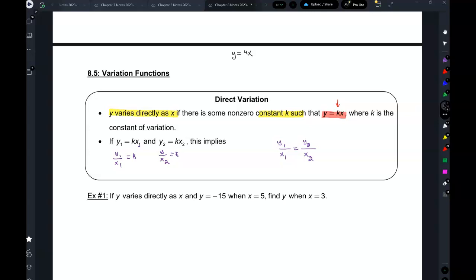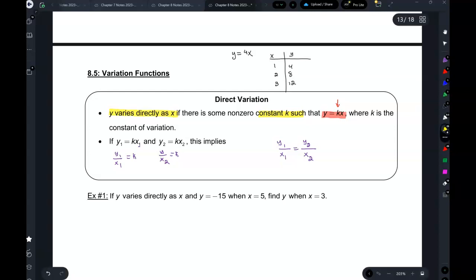Let's get some table of values for this. Let's say x is 1, what's y? x is 2. x is 3. What is it? 12. So take a look. These are all points from a function that has direct variation. Take the first coordinate point.